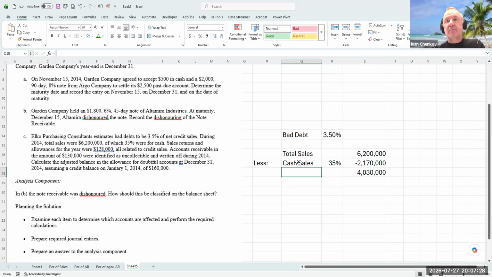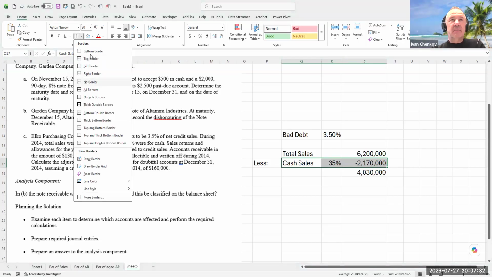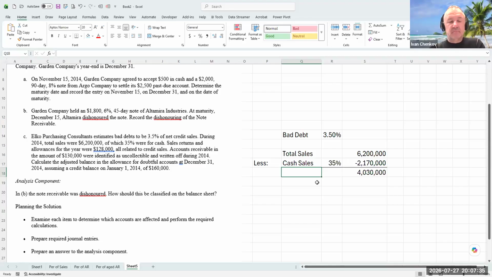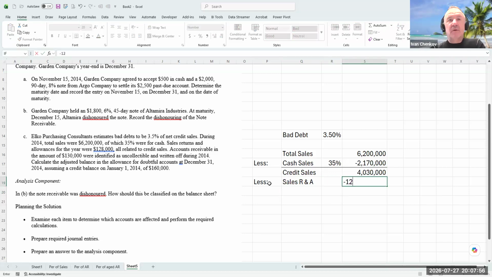Once we eliminate the cash sales, we see the credit sales, and then we deduct less allowance, sales return and allowance. In that case, the sales return allowances are negative 128,000, which is all related to the credit sales.